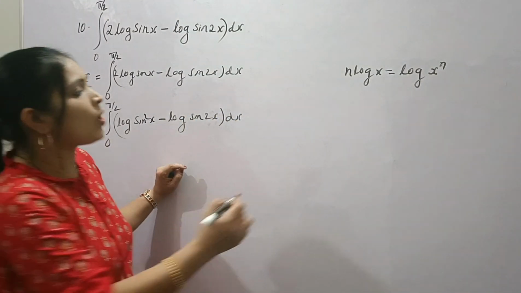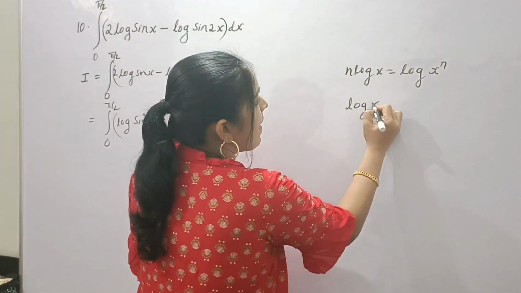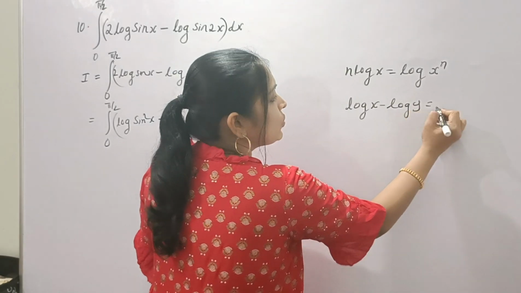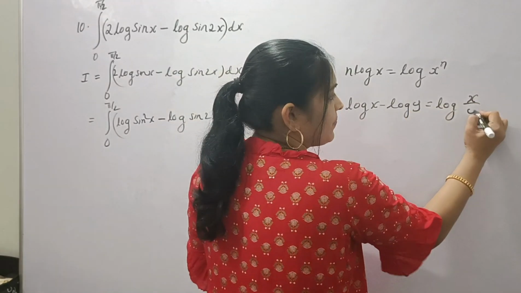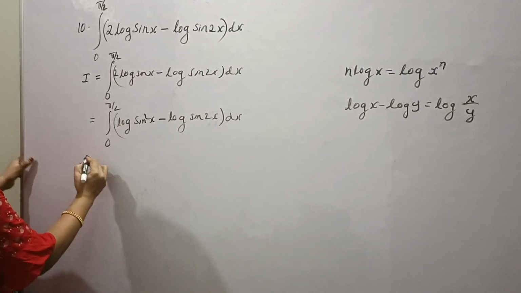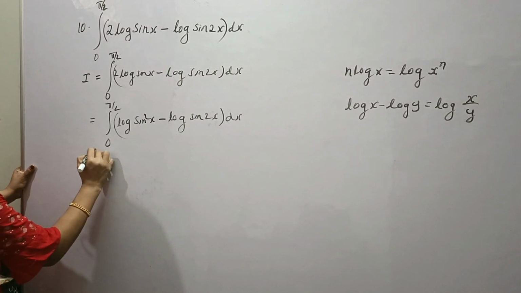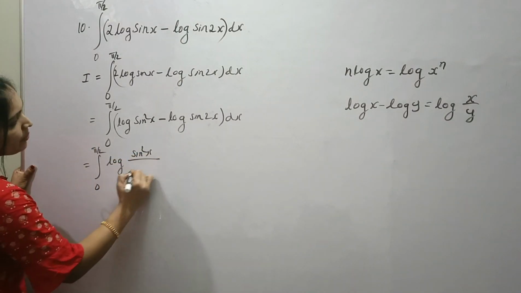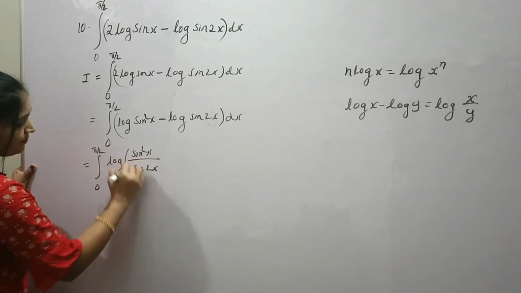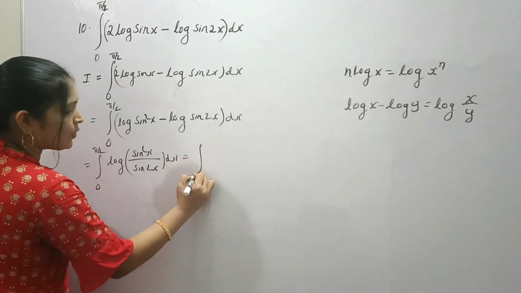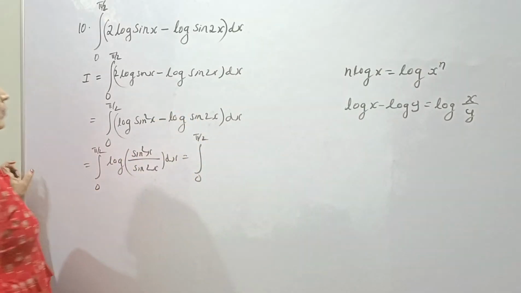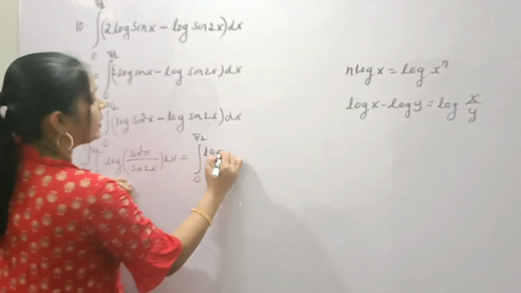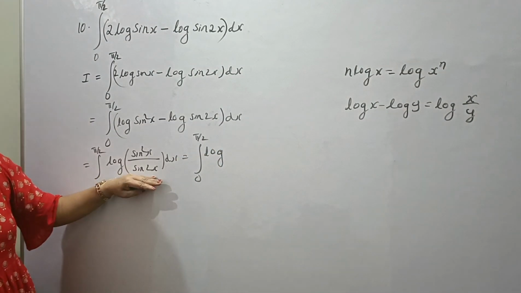What is log x minus log y? Log x minus log y is equal to log x by y, right? So we can write it as integral 0 to pi by 2 log of sin square x divided by sin 2x dx.